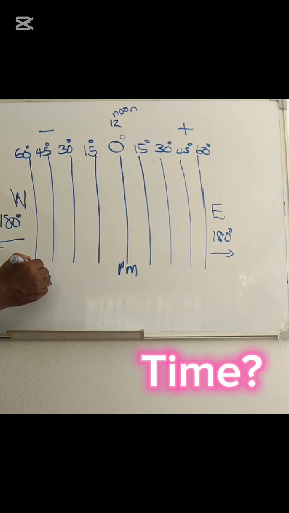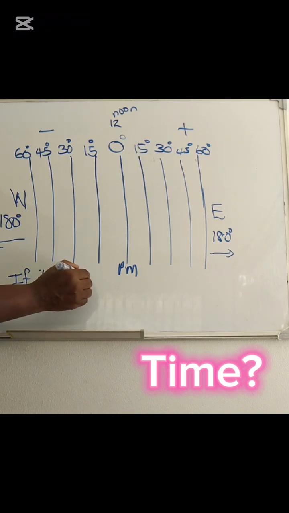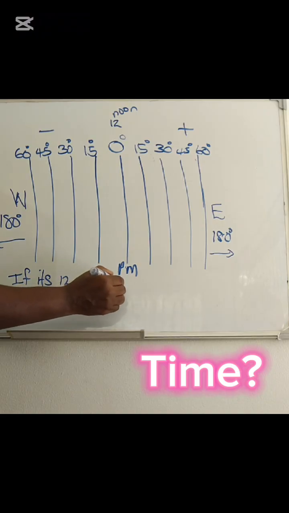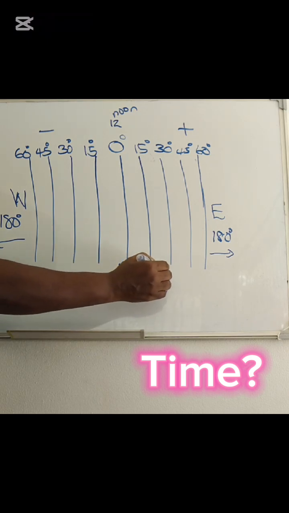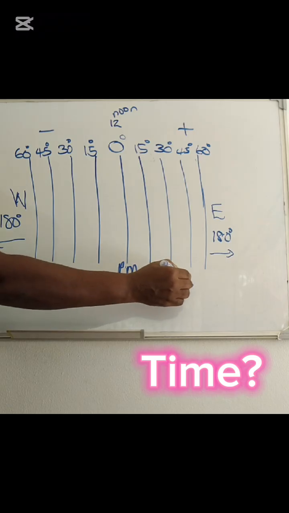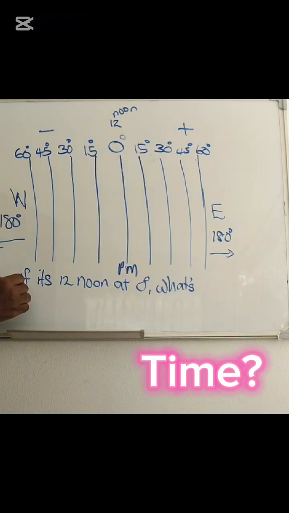If it's 12 noon at 0 degrees, what's the time at 45 degrees east?